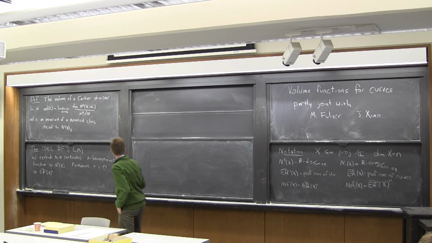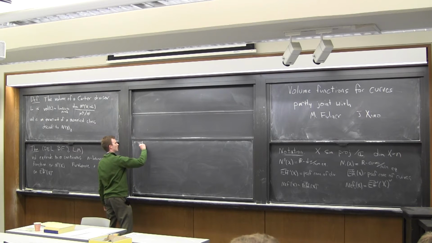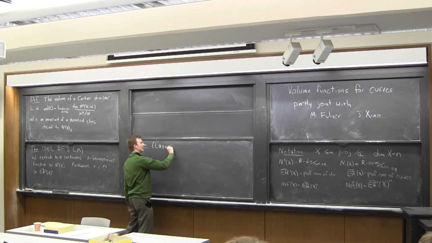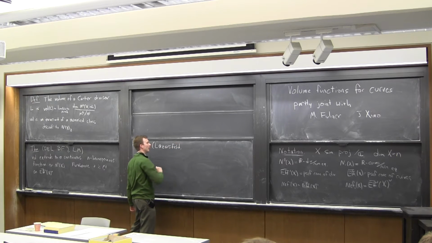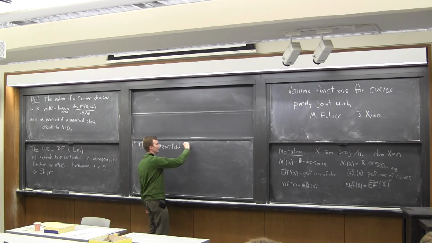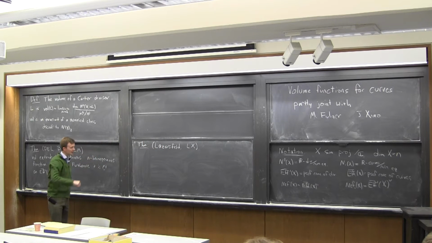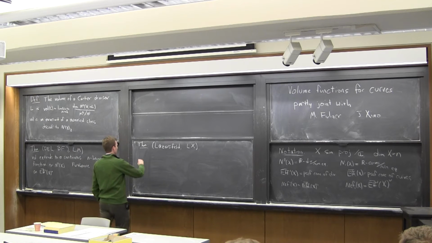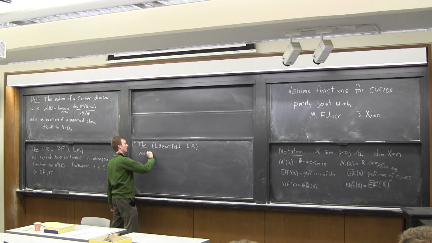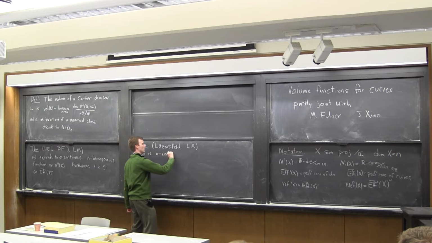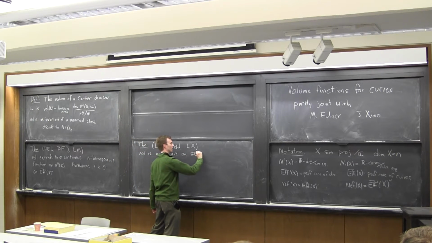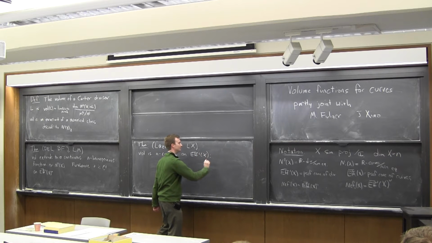Okay, so there's actually more to say. Again, I'm going to sort of mash several theorems together. The first is due to Lazarsfeld, and then the second is done in joint work with Jian Xiao. So this says that the volume is n-concave on the interior of the pseudo-effective cone.